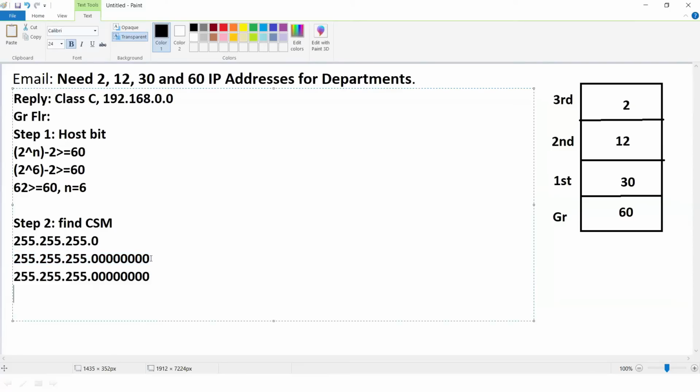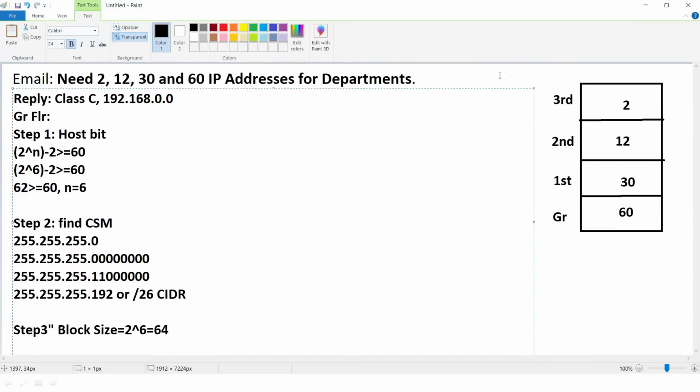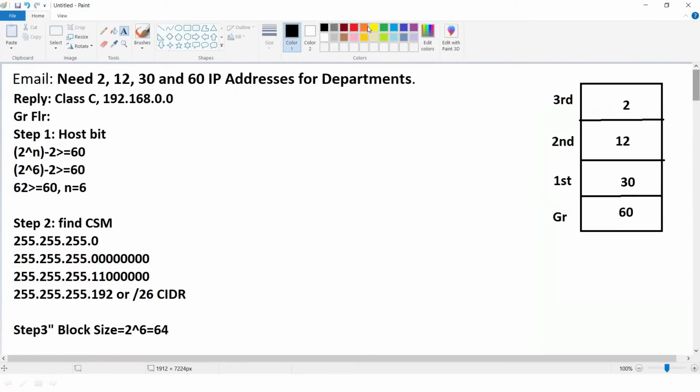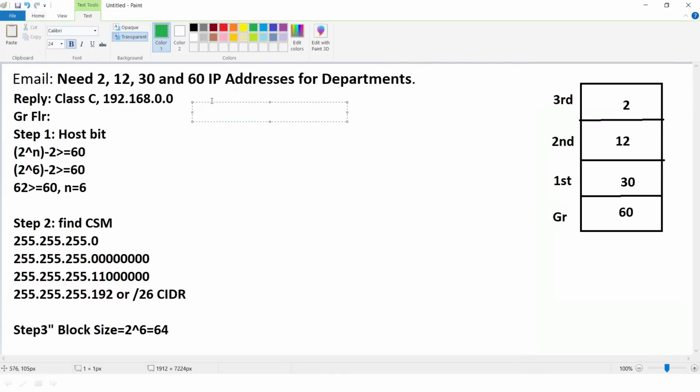So it will become 255.255.255.11000000, and that is equal to 255.255.255.192, or slash 26 CIDR value. Now step number 3, block size is equal to 2 power 6, that is equal to 64. Now we will calculate the IP addresses for the ground floor.